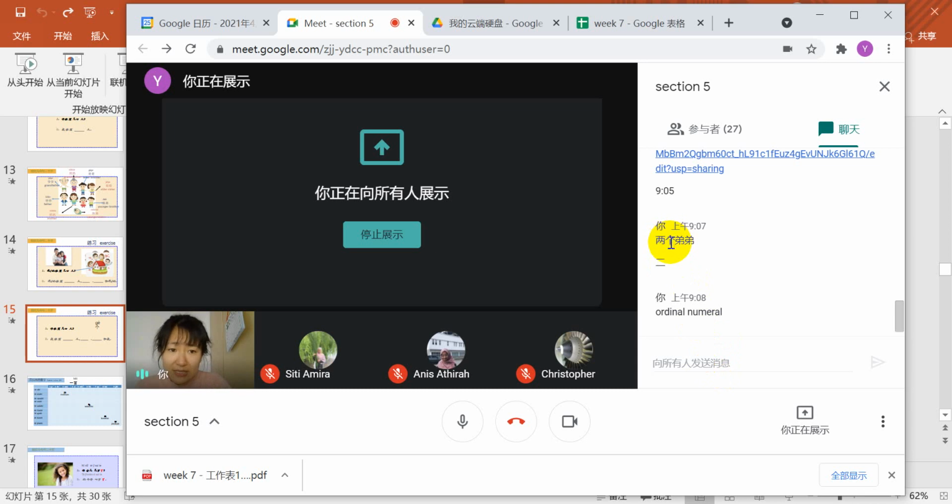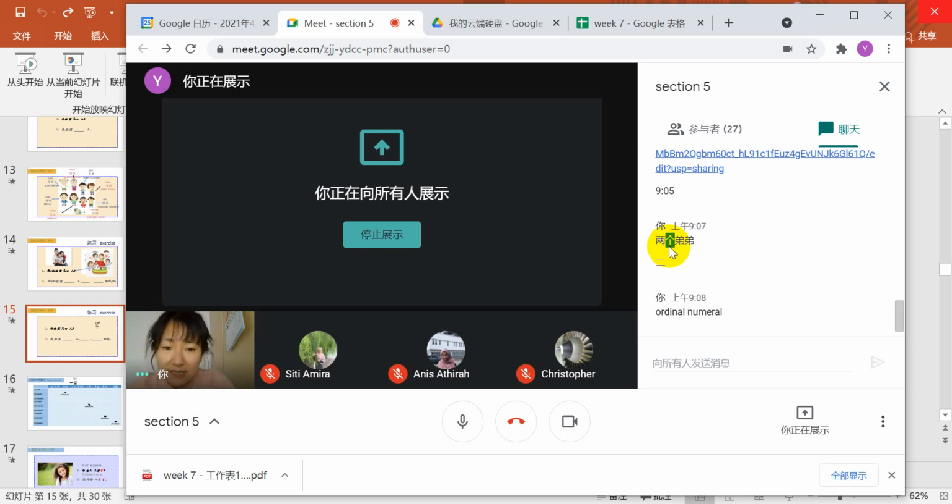Such like 2 brothers, 两个弟弟, 2 sisters, 两个姐姐, 两个妹妹, and 两个杯子. So for the number, when there is a measure word, we use 两, and for the order we use 二.